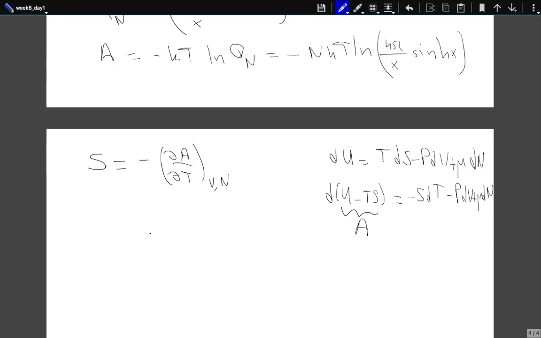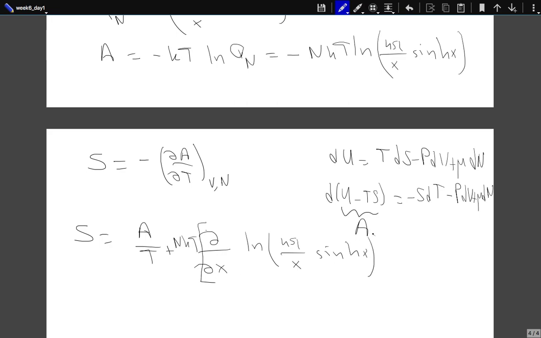So we already know what A is, so if you just take the derivative, S is, let's say, the derivative of the first T, well, that is basically A over T, plus d by dx first, nkT of the logarithm of 4 pi over x sine hyperbolic x times d by dT, dx by dT, x was just beta mu b, so it's mu b over kT.